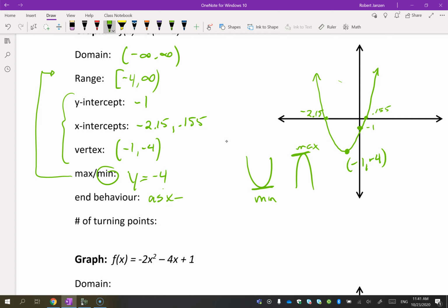As x approaches infinity, what's happening? You can see that the graph rises to the right. And for the number of turning points, there's 1. It changes direction at the vertex.